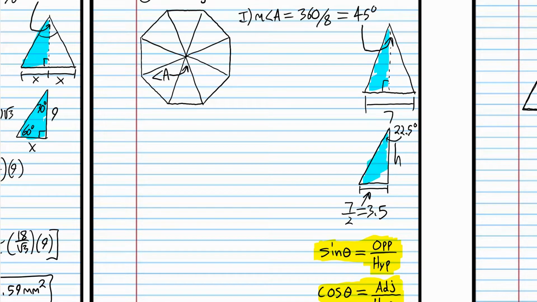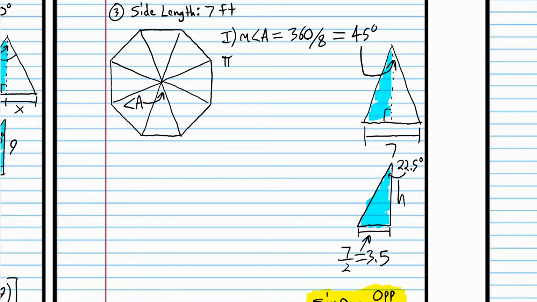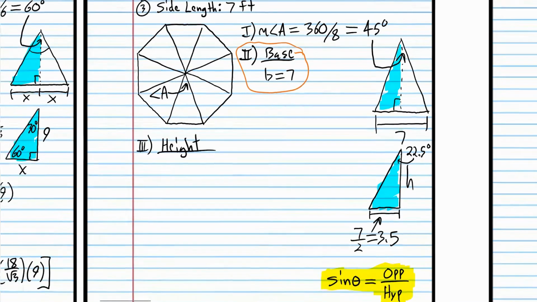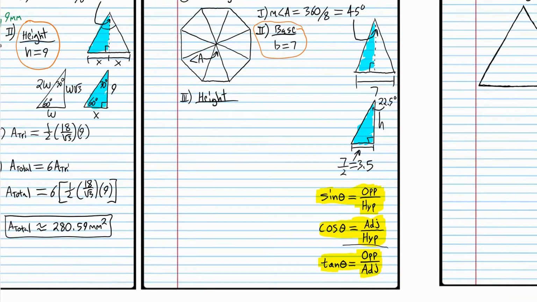Taking that triangle. So now step 2 is going to be to find the height. And you know what, let's start with the base, because we always want to do the easiest parts first. So the base is just going to be 7. So we're going to use the opposite side to find the adjacent side, and of course that reference angle. And adjacent and opposite, that's going to be tangent.